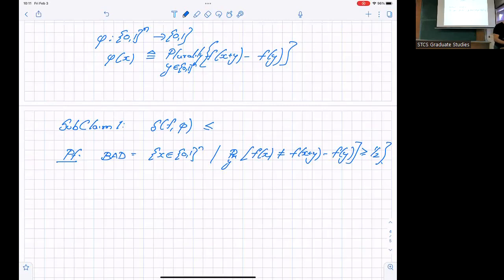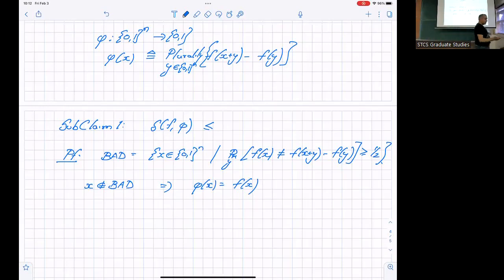If x does not belong to bad, then phi of x is equal to f of x. Because if x does not belong to bad, at most half the values of y are differing, not giving the quote f of x. Therefore, the most popular value is in fact the majority value. The majority value is specified by f of x. So this is the case.